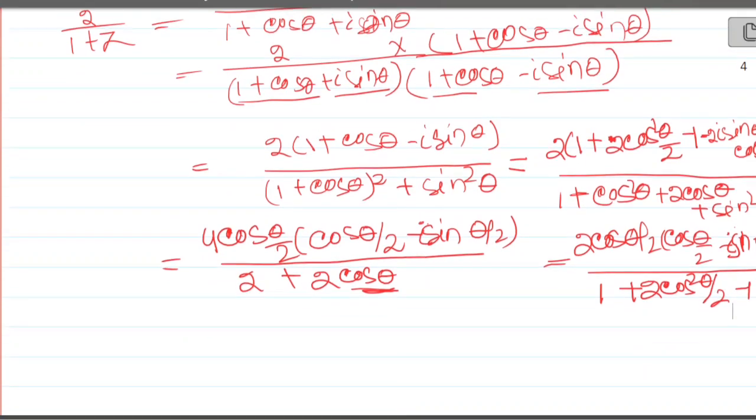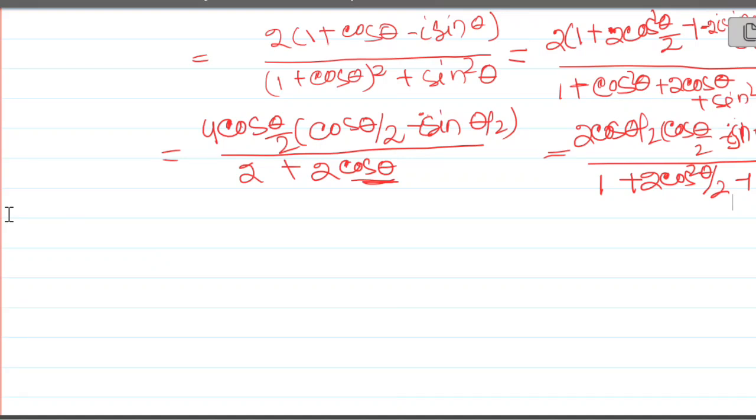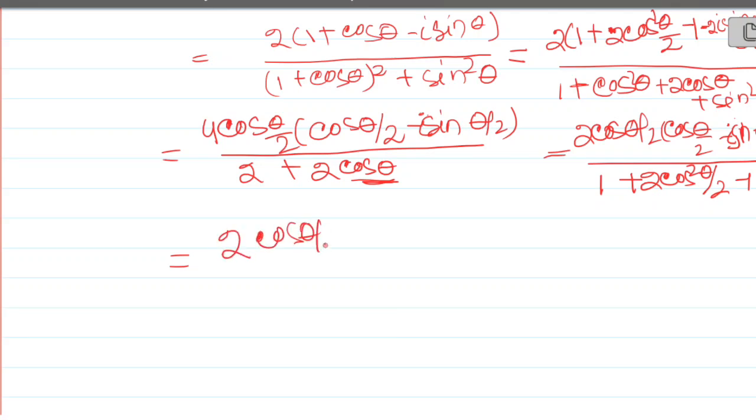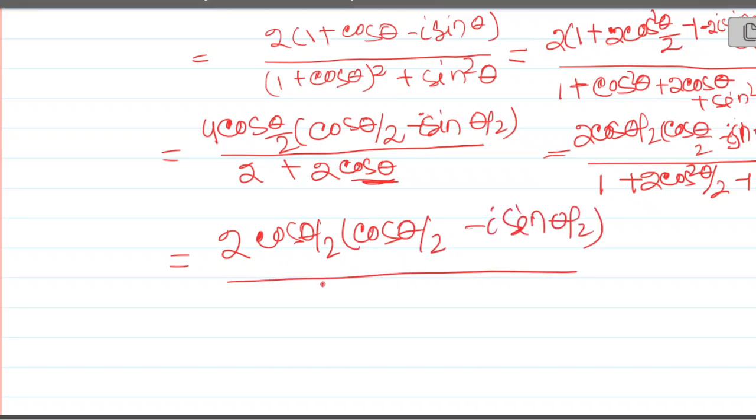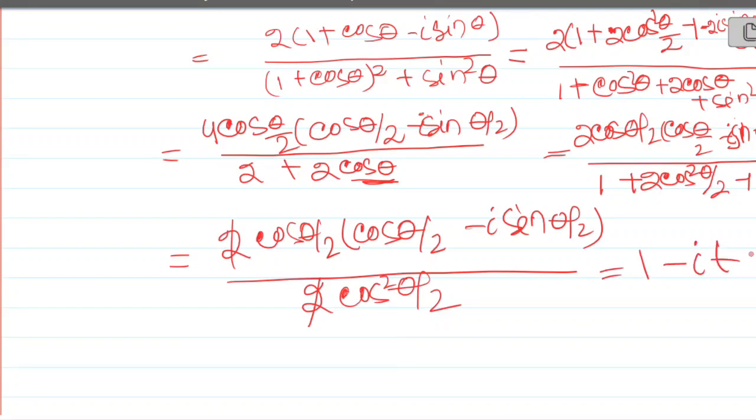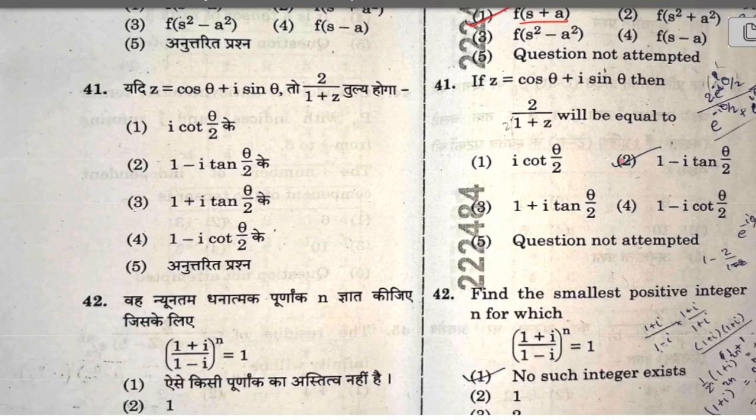Now it equals 2 cos theta by 2 times (cos theta by 2 minus I sin theta by 2) divided by 2 cos square theta by 2. The 2 cancels, cos theta by 2 cancels, so it will be 1 minus I tan theta by 2. This is your correct answer: 1 minus I tan theta by 2.